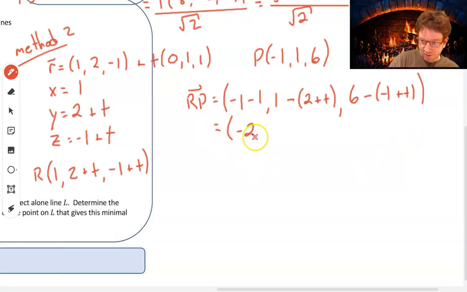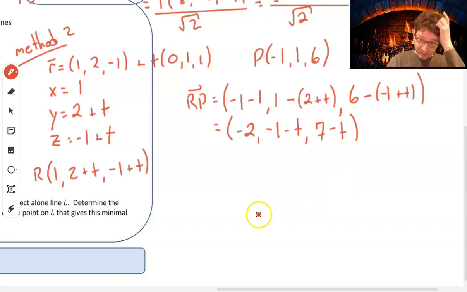We get negative 2, 1 minus 2, which is negative 1, and then we have negative T. And here you have 6 double negative, so 6 plus 1 is 7, and then negative T.